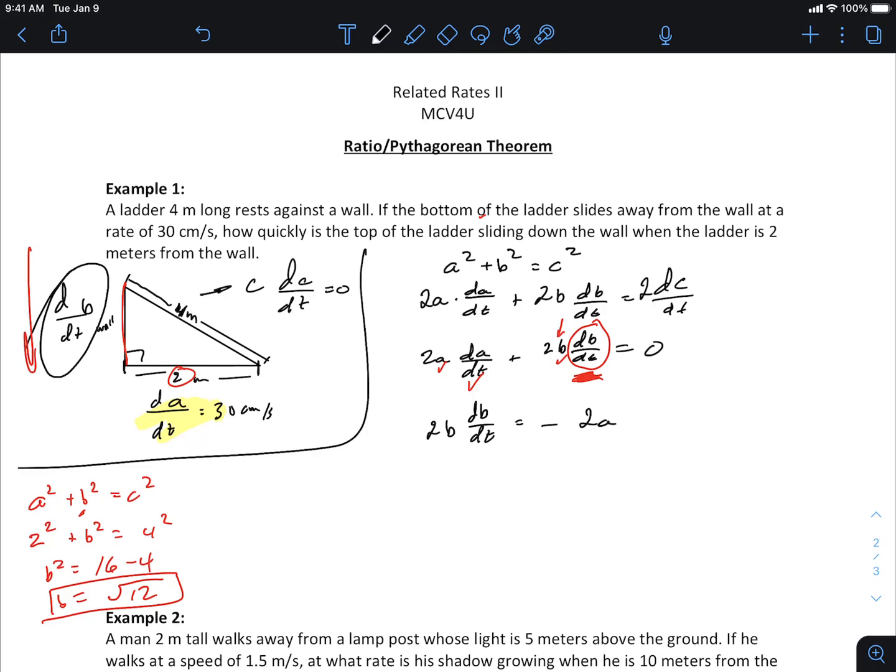This is new to me, a little tricky, guys. Then I can divide both sides by 2b.